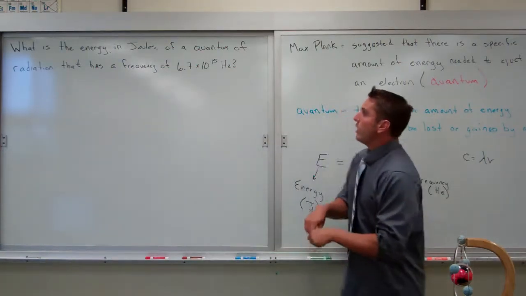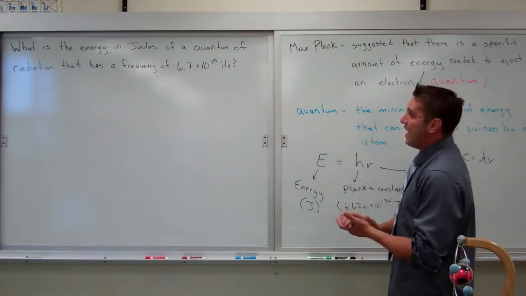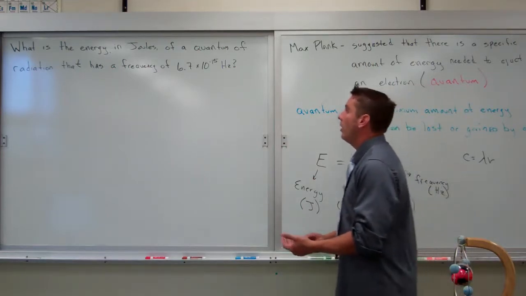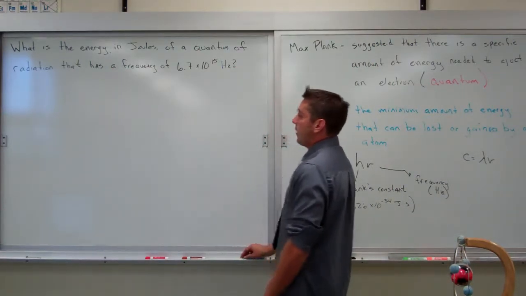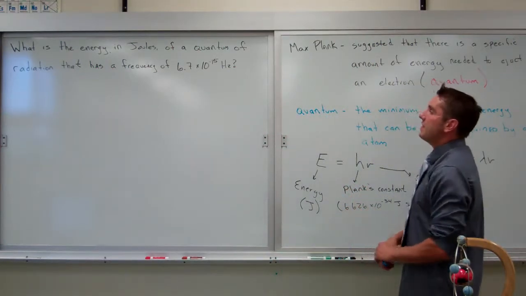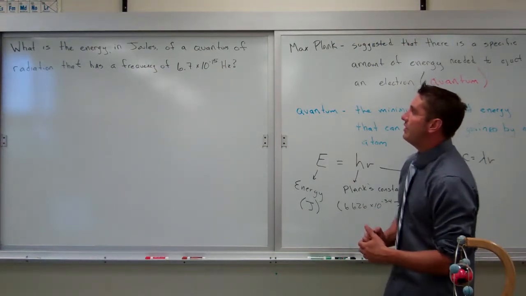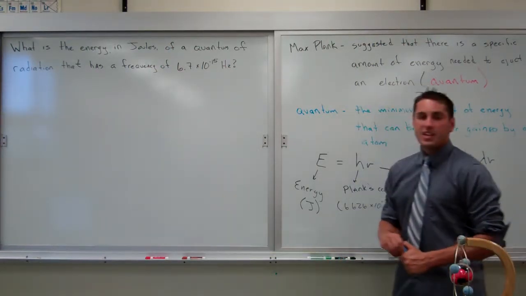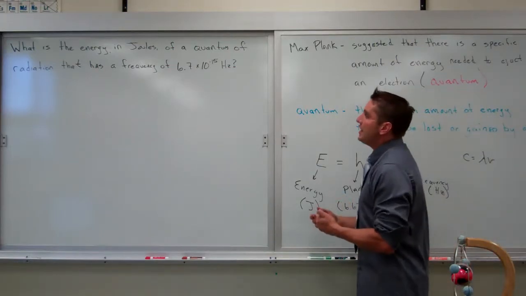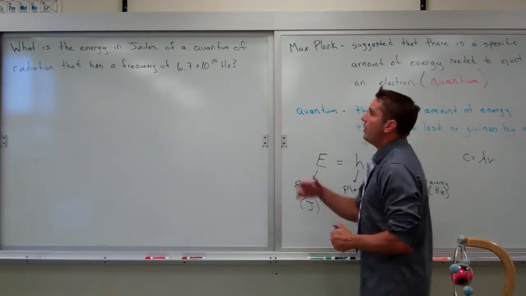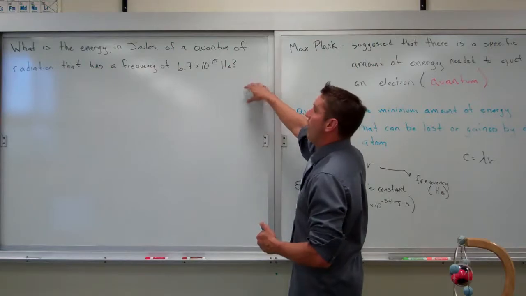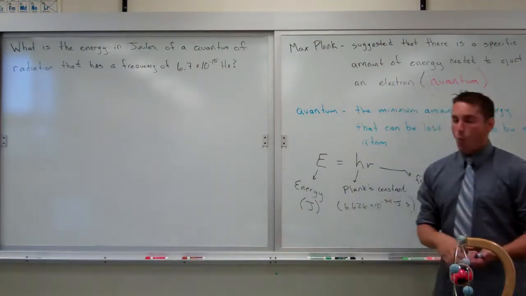First question I'd like to look at says this: what is the energy in joules of a quantum of radiation that has a frequency of 6.7 times 10 to the negative 15th hertz? The idea behind it is this: if we know that this frequency ejects an electron, how much energy is that worth?